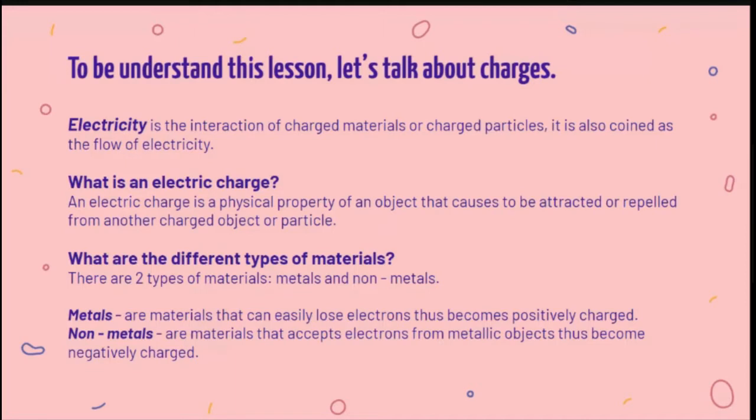In electricity, we study the nature of electrons. Why electrons? Because only the electrons are located outside the nucleus of the atom. Remember, every object is made out of matter, and matter is anything that occupies space and has mass. Every object has subatomic particles. We have electrons, protons, and neutrons.